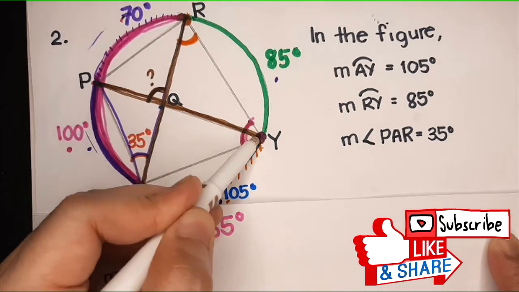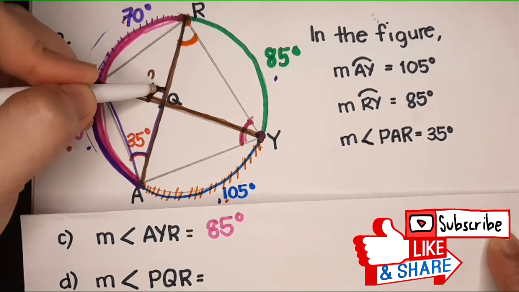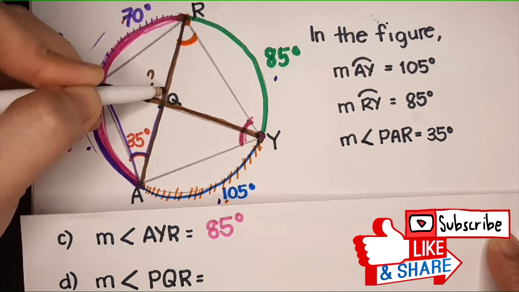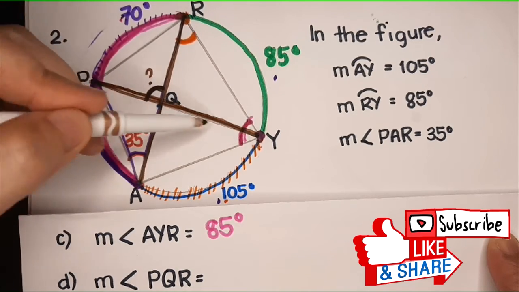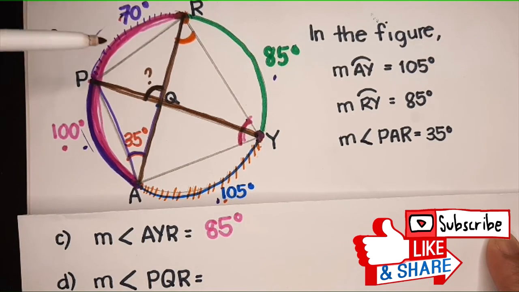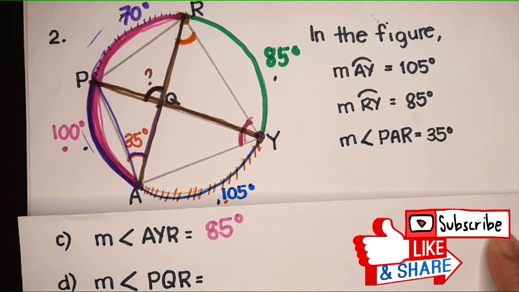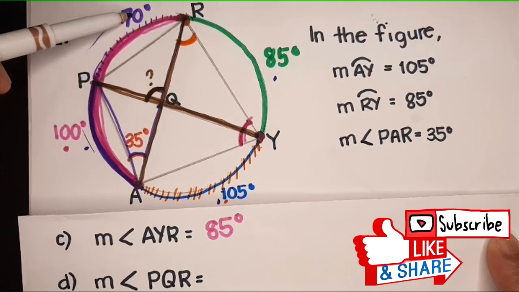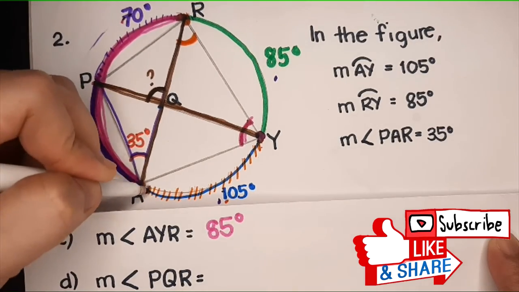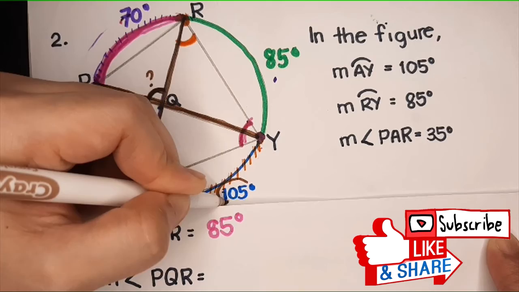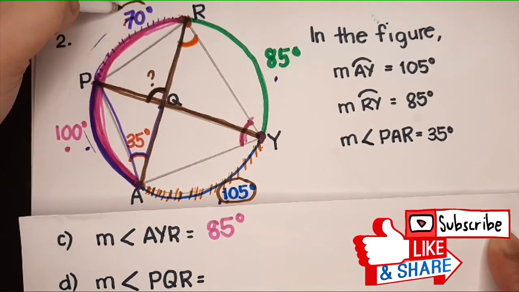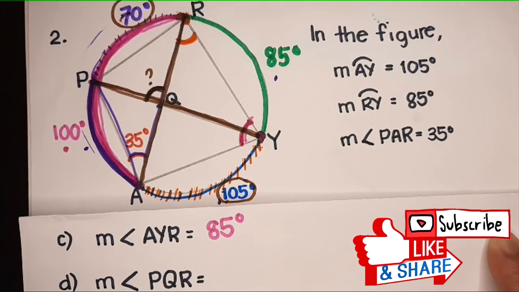Okay, so if you recall, how do we get the measure of this angle if these two chords intersect inside the circle? Diba? All you have to do is you get the sum of the intercepted arcs. So, ito yon, the 105 degrees and this 70 degrees here. Diba?